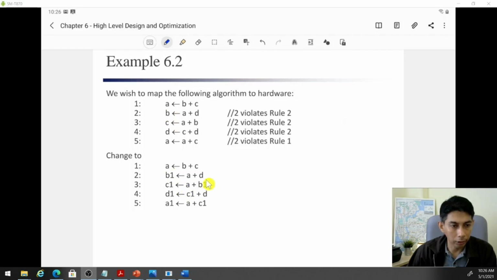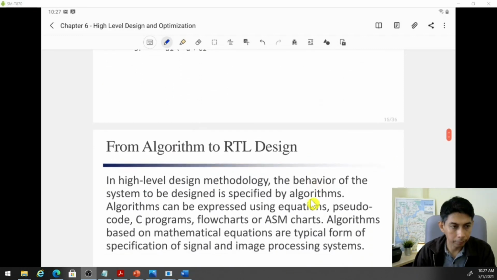And this one also B1, because this is B1 now, and this is C1 instead of C, and this is D1 instead of D, because you have D here already. And here, instead of A, you change to A1, then you are safe, right?